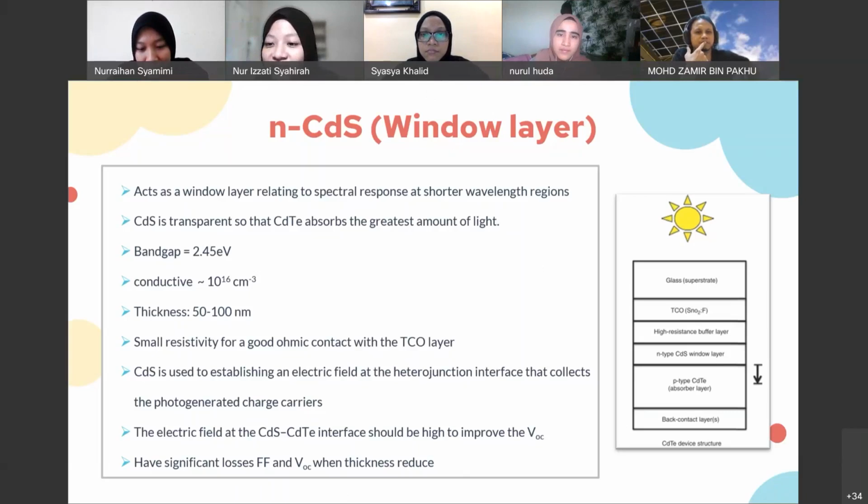For this First Solar cell, it must be recycled because, as mentioned just now, cadmium itself is a very toxic material. So it must be recycled in a proper way so that it does not pollute the environment. And tellurium itself is a rare material, but it is not very commonly used for other things.